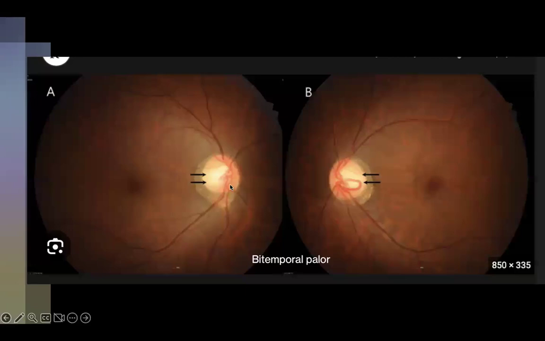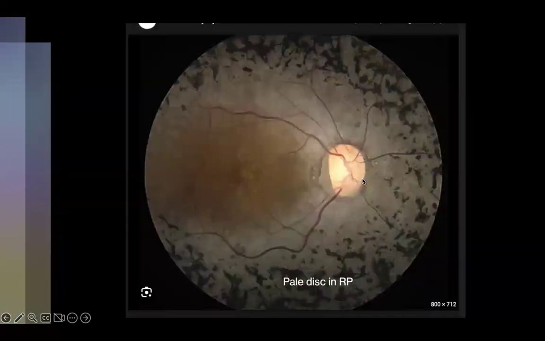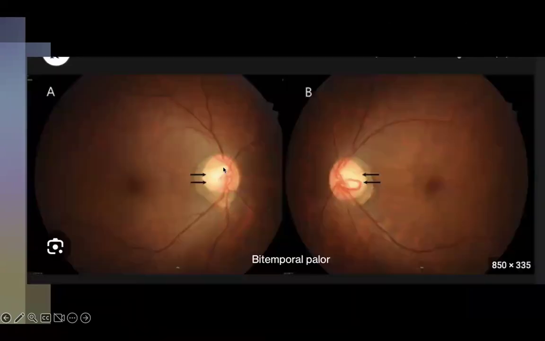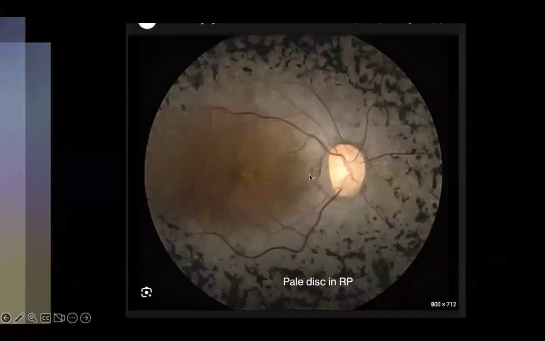And this is a condition where you get bitemporal pallor. So this is pale temporally, and again this is pale, but the nasal disc is pinkish. See, it's pinkish, but the temporal bit is yellow and pale. So bitemporal disc pallor is very common in pituitary tumors. And this is again a pale disc seen in retinitis pigmentosa.